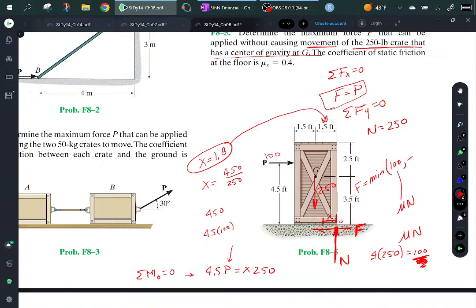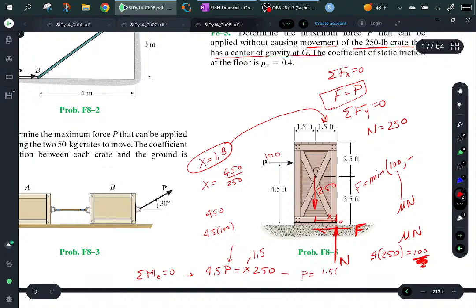And now that I've done that, I'm saying X by definition is going to be 1.5. And so if I'm solving from that, then P is equal to 1.5 times 250 divided by 4.5.